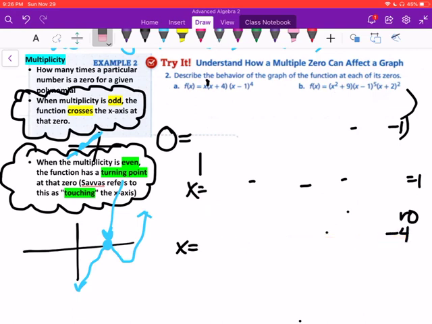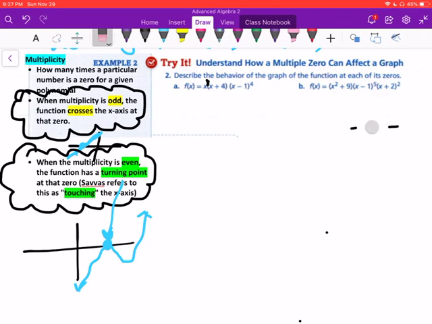Wait while we erase. Okay, so we said there are zeros at x equals 0, which has a multiplicity of 1.